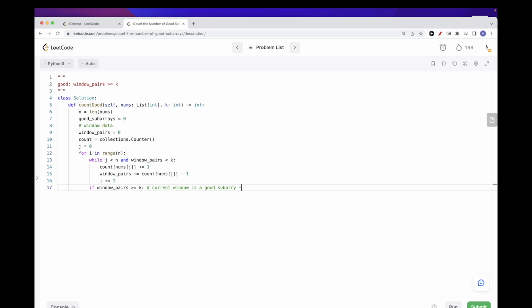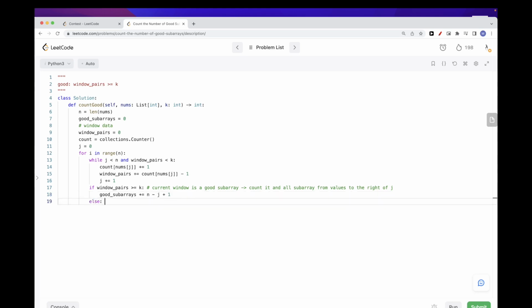So we need to count it, and all subarrays from values to the right of J, right? Because if we don't count them here, we won't count them, because after that we will only collapse I, right? And so to do that, we say good subarrays plus the entire thing after J, which is N minus J plus 1.